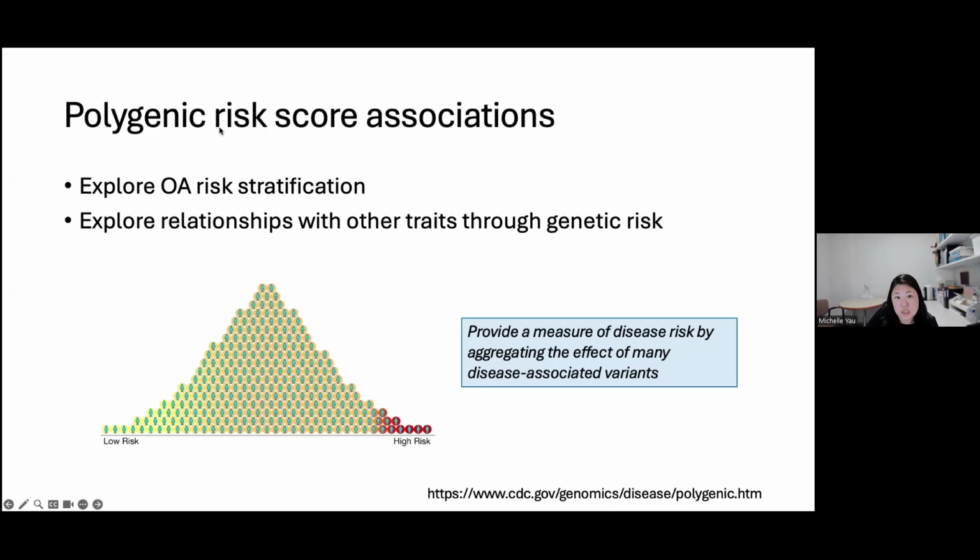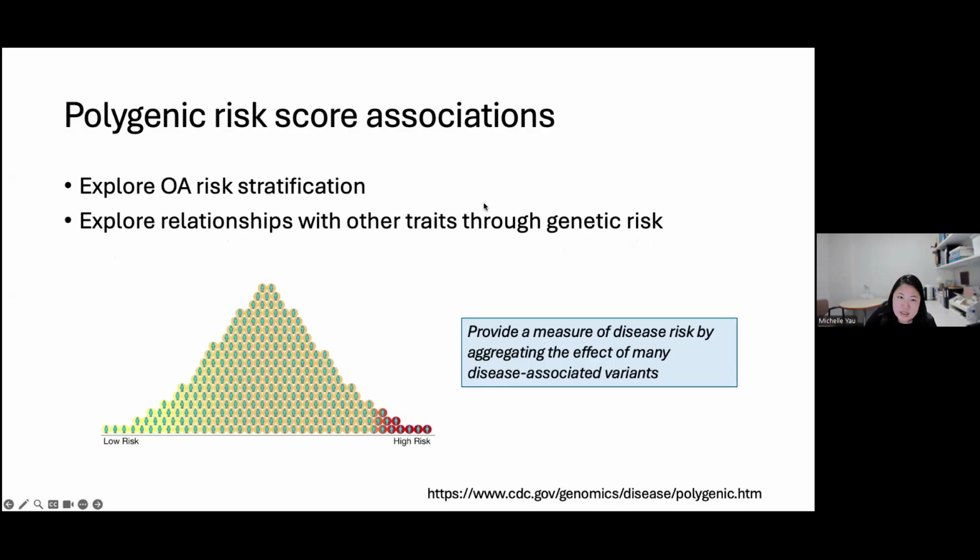Additionally, we've used the polygenic risk score approach to look at relationships with other traits through genetic risk. Other traits have large GWASs as well, and so we've been able to derive a lipid genetic risk score, for example, and an Alzheimer's disease genetic risk score, to look at how those genetic risk scores associate with OA in the OAI.